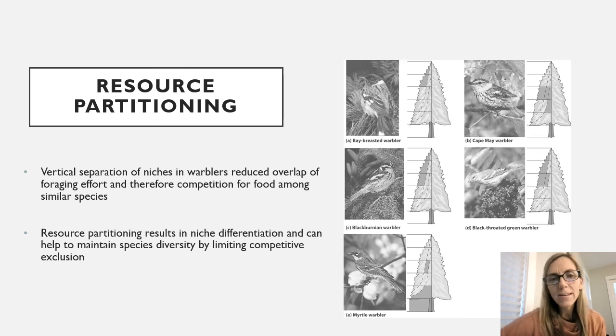We've briefly visited this study and the concept of resource partitioning, but I wanted to bring this up again. Robert MacArthur was the source of the classic study on foraging ecology and wood warblers that demonstrated resource partitioning in these small woodland warblers, which concentrated their foraging efforts in various parts of the tree and differentiated in where they specialized in foraging in the tree.